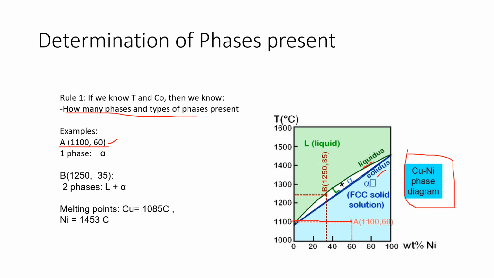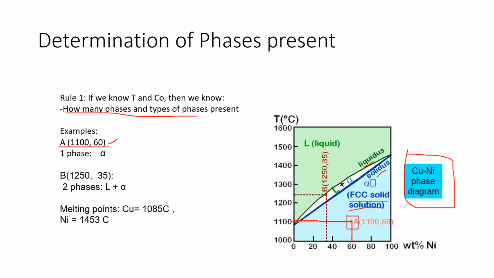What is the phase of point A? A is an FCC solid solution. Alpha is represented by the solid.